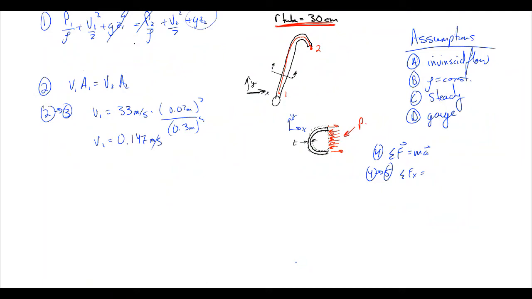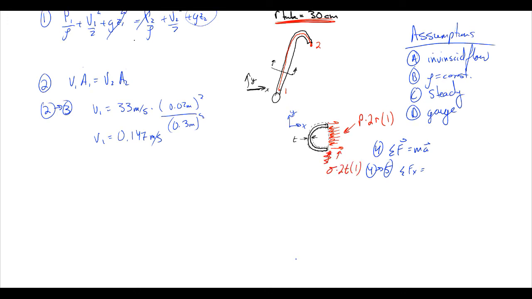And then our tension within our tube is going to be equal to our stress within our tube, sigma, times twice the thickness of the tube, times some unit depth into the page. So if we add these up, we see that the pressure is negative, so negative P times 2R plus our sigma times 2T.